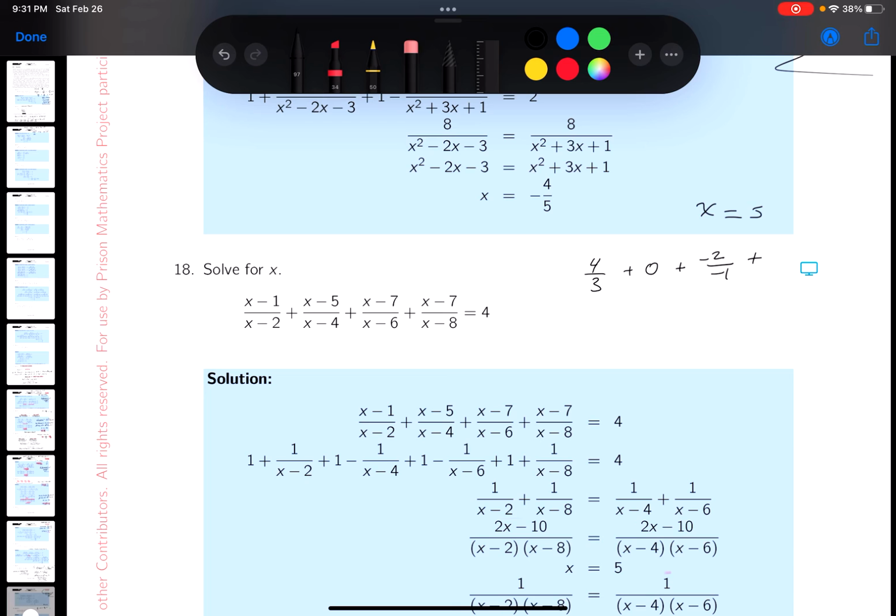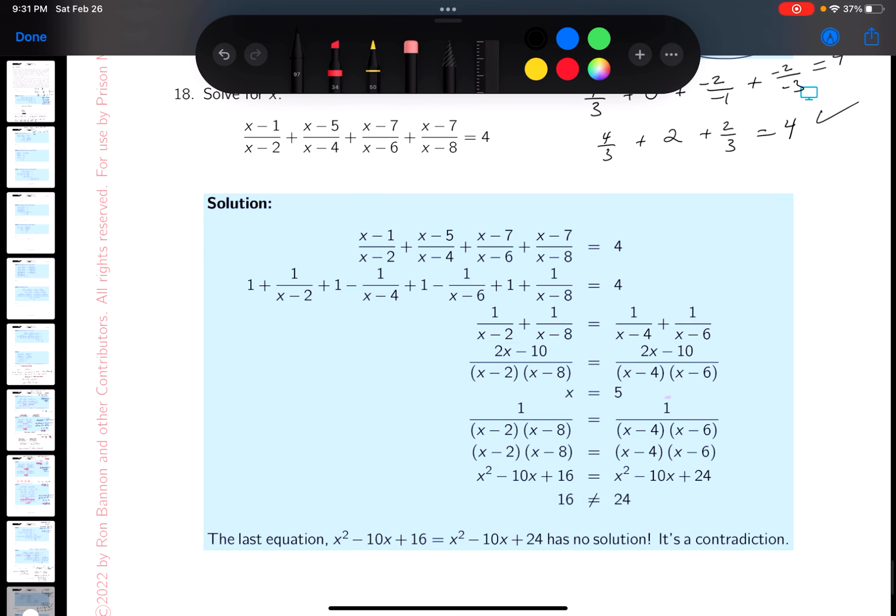You get minus 2 over minus 3. Well, that's going to be tough, isn't it? We get 4 thirds plus 2, and then you're going to get 2/3. 4/3 and 2/3 is 6/3. 6/3 is 2, and 2 plus 2 is 4. Everything works out beautifully. X equals 5 is the only answer.